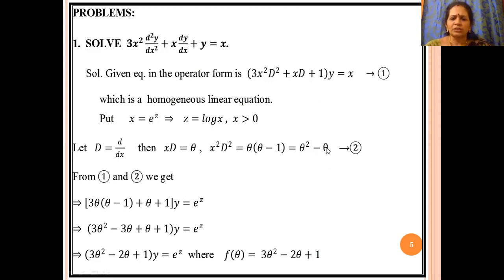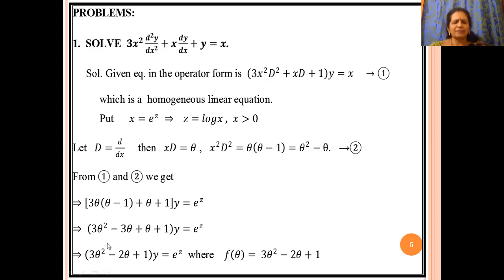Now using these two in the given equation 1, substitute these two values in our linear equation. What we'll get is 3 into x²D², which we have taken as theta square minus theta, so 3 theta square minus 3 theta, plus xD, which is theta, plus 1, into y is equal to x, which we have taken as e^z.